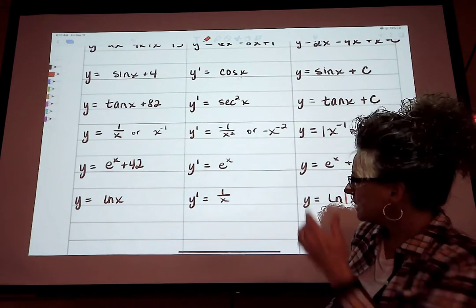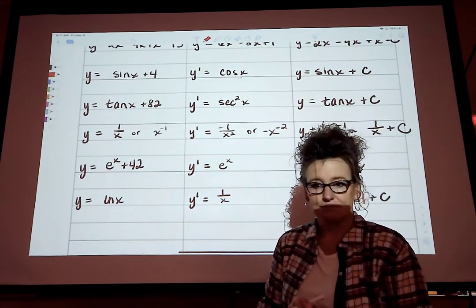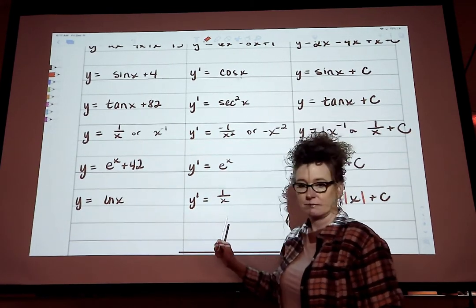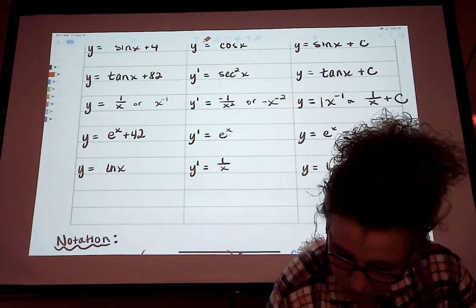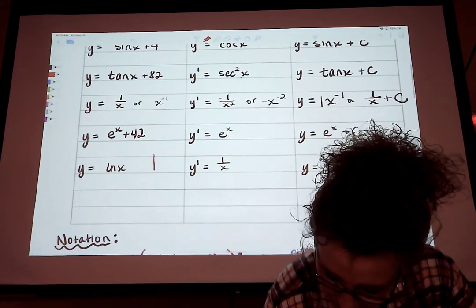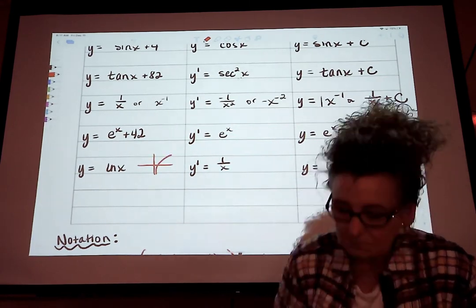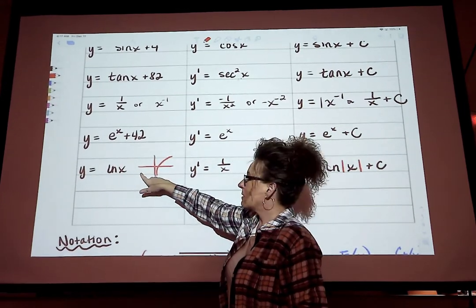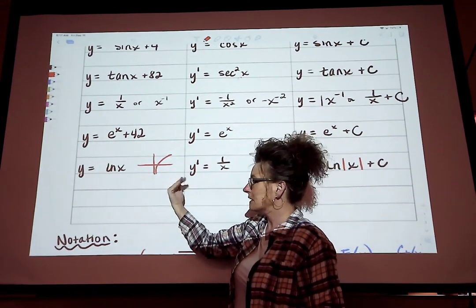So let me talk about domain first. First semester, when we go from a function to its derivative, the domain for natural log of x, this is the graph of this. So my domain is, let's see, what x's does this contain? Positives.